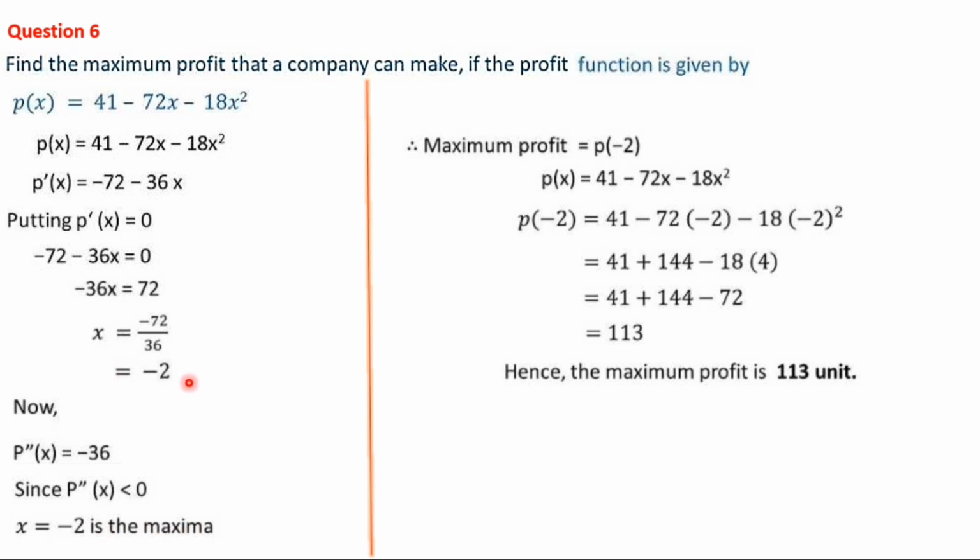Since here we have got minus 2, which is of course less than 0, minus 2 is the maximum. Then for getting the maximum value, take the function and replace x by minus 2. So that means p of minus 2 we have to calculate. After calculating p of minus 2 we have got 113. So the maximum profit is 113 unit.